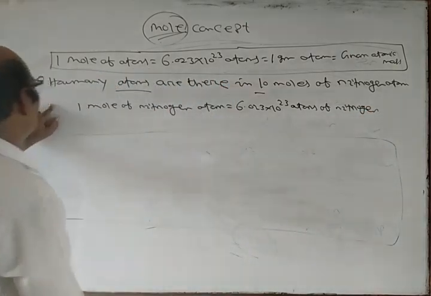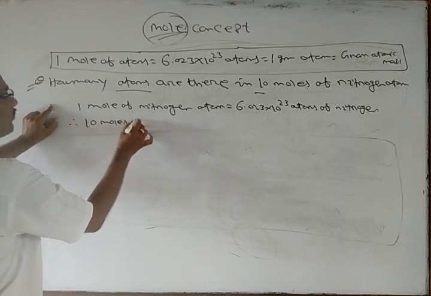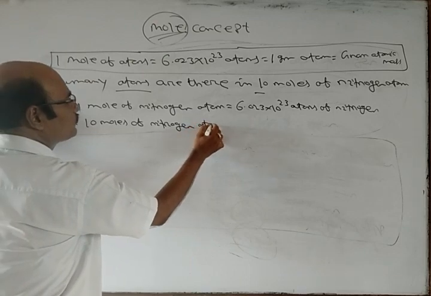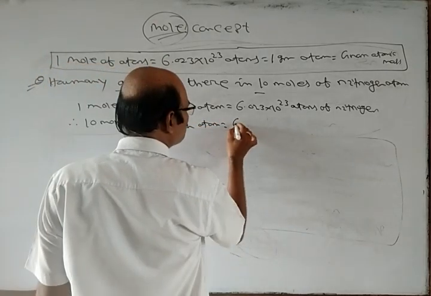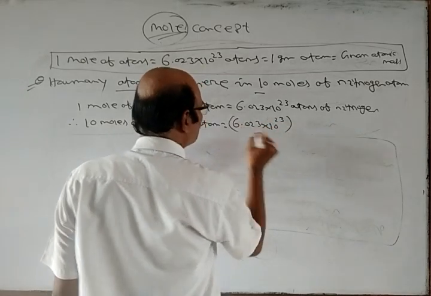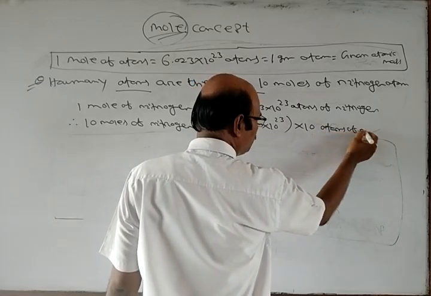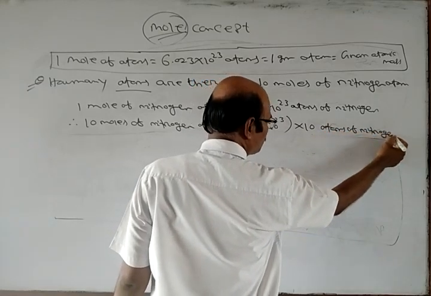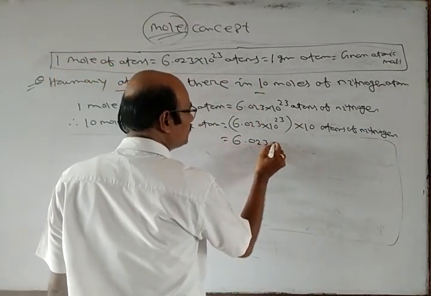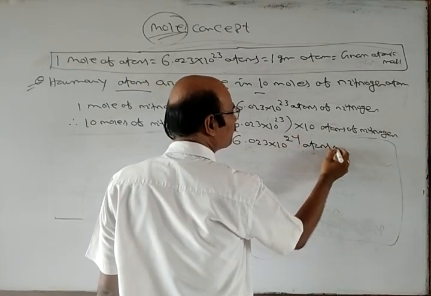Therefore 10 moles of nitrogen atom is equal to 6.023 into 10^23 into 10 atoms of nitrogen. This is equal to 6.023 into 10^24 atoms of nitrogen.